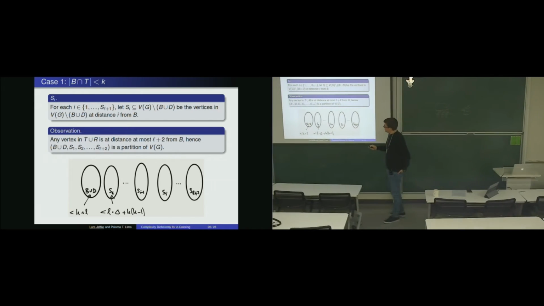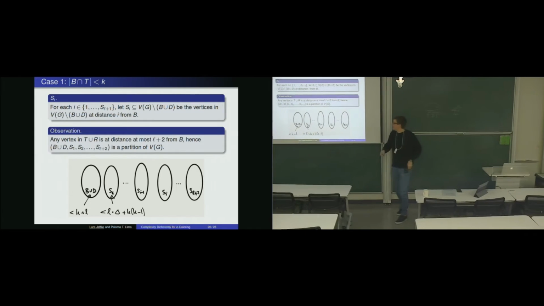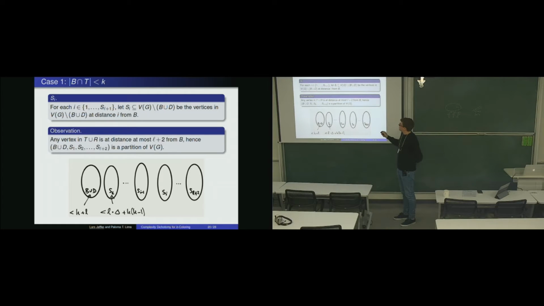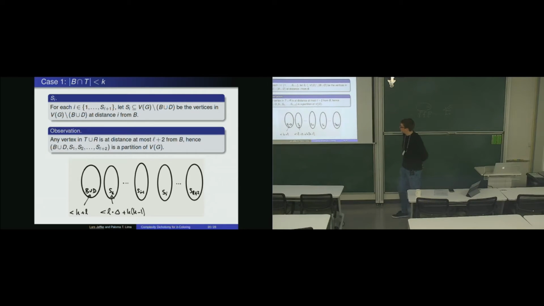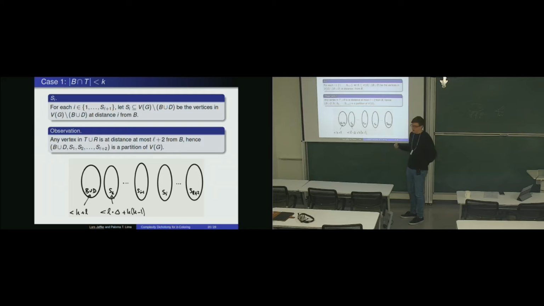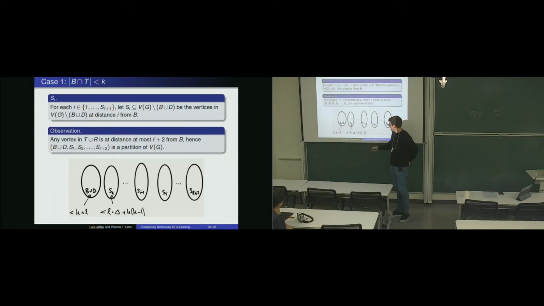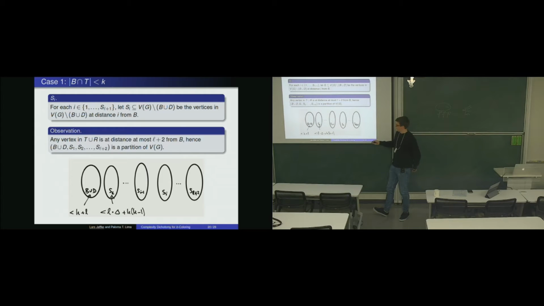We know that this set has size at most K plus L. Actually, strictly less. Because we know that the intersection of B with T is less than K, and we know that the size of D is at most L. So this is the bound. Then we also know that the size of S1 is at most L times the maximum degree, because we have at most L vertices with degree more than K, and then the remaining K vertices can have a degree only K minus 1 or less, so this is an upper bound on the size of S1.